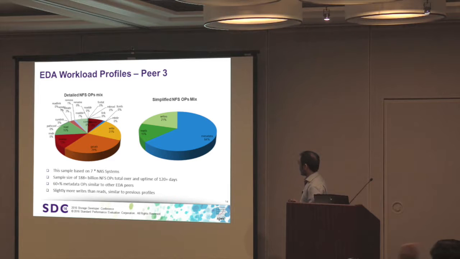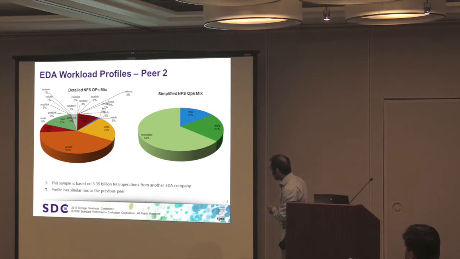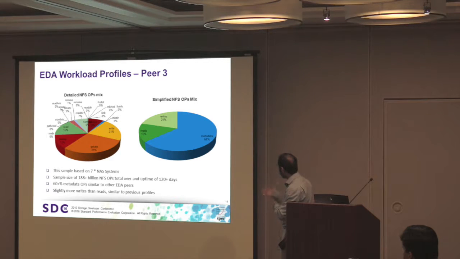So here's another one: 7 NAS systems, up 420 days, 188 billion NFS operations, strikingly similar, right? 64% metadata, 21% writes, 15% reads. Almost identical. Of course, metadata is metadata, right? You look at getattrs here at 29%, over here is 41%. But when you think of it as metadata, it's 64% metadata.